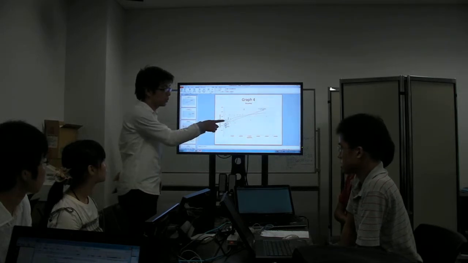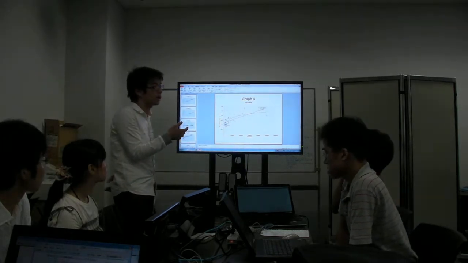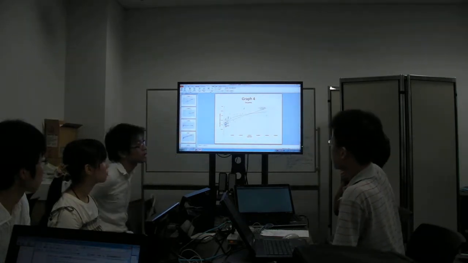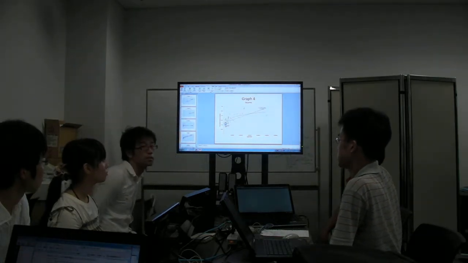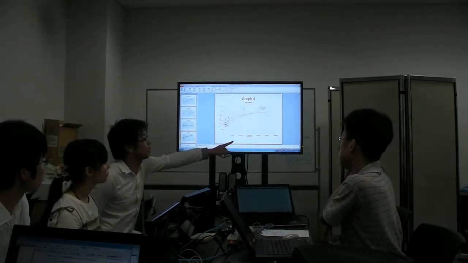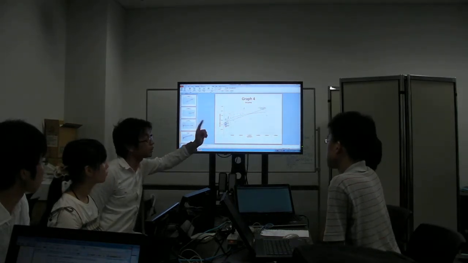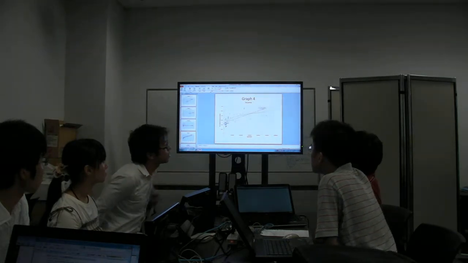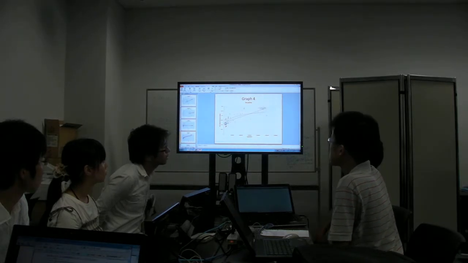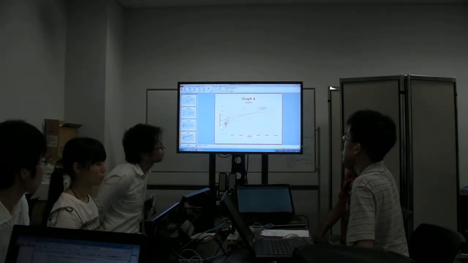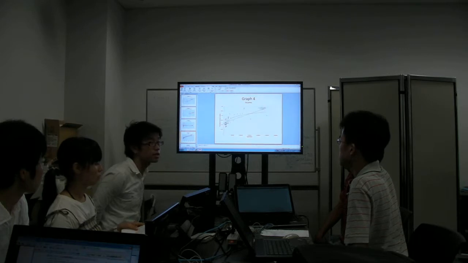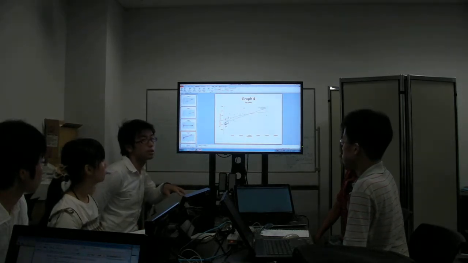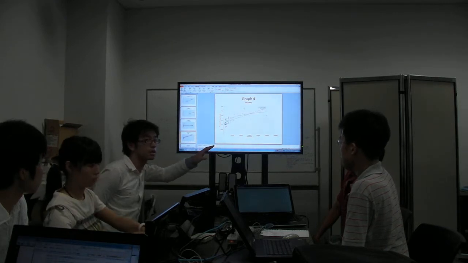But the result is different. In fact, income makes the number of crimes increase. At first, we thought it would make the number decrease, so we are surprised by this.